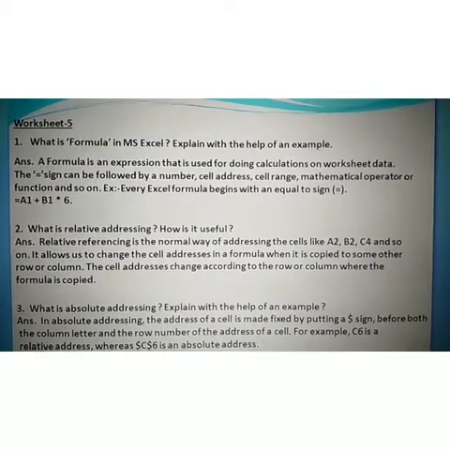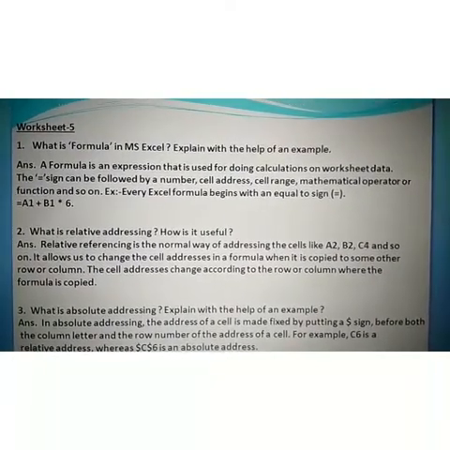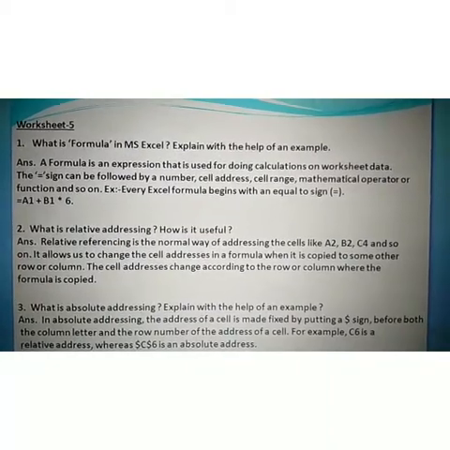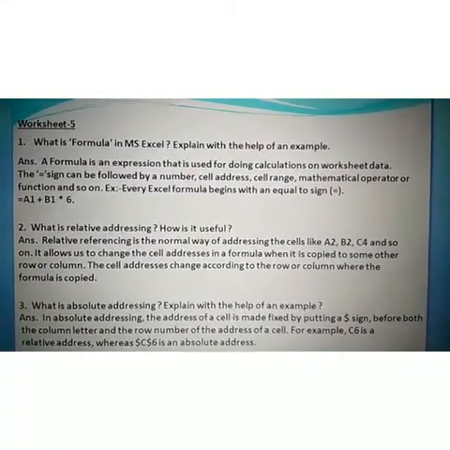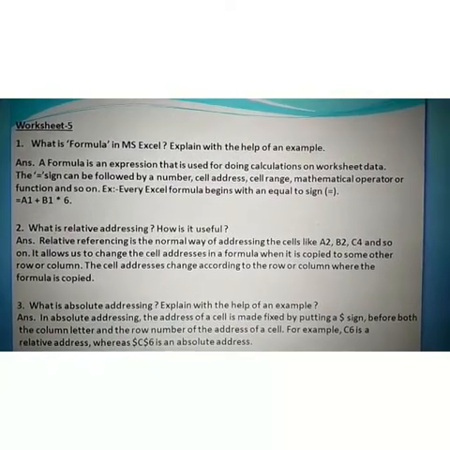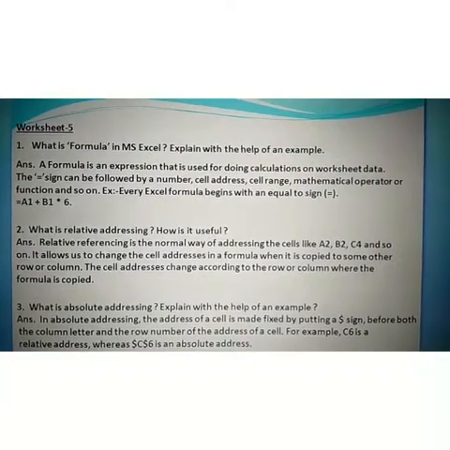So come to the next question, number 2. What is relative addressing? How is it useful? Relative referencing is the normal way of addressing cells like A2, B2, C4. All are relative references.